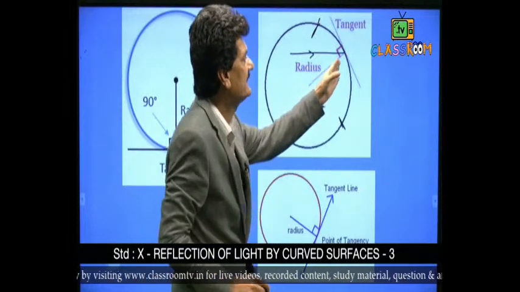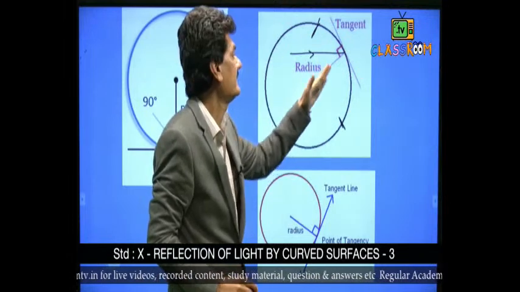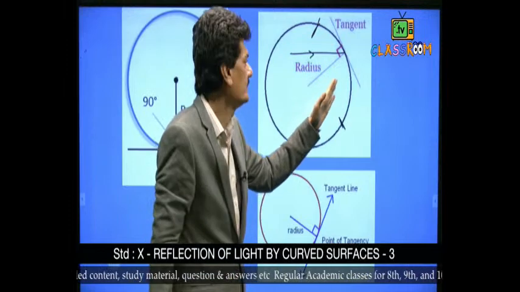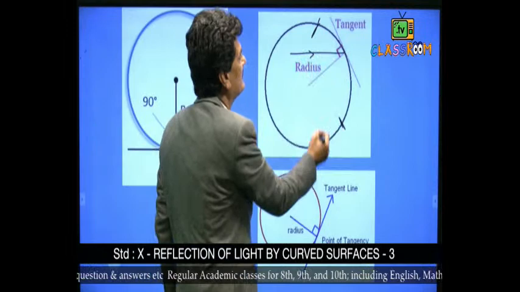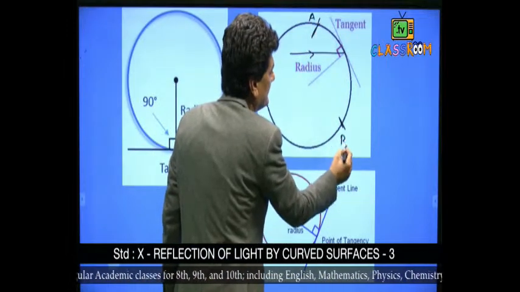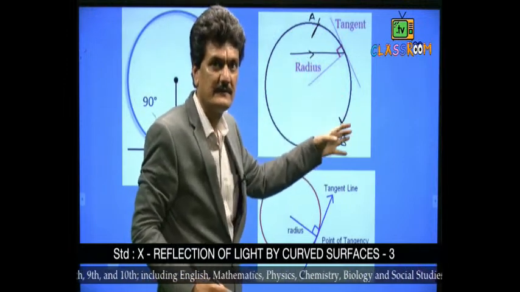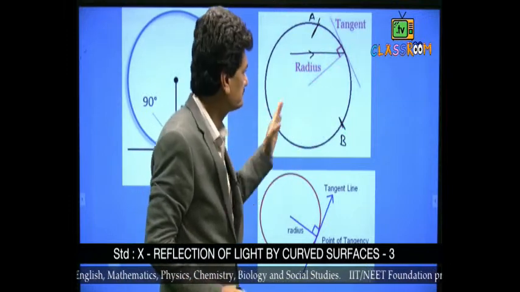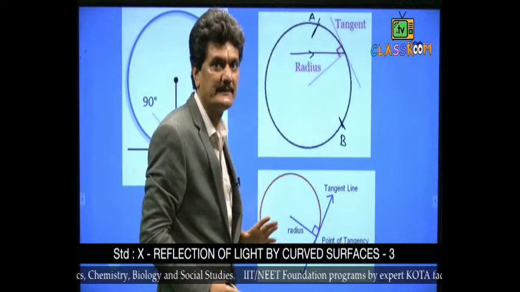So we have selected the point of incidence itself to be the point of tangency, and ready made we are getting a normal, a perpendicular. So remember, the whole circle is there, and out of that circle the AB part we have taken, which is the arc, the curve, and it is serving as a concave mirror, and we have managed to draw a normal at one particular point.